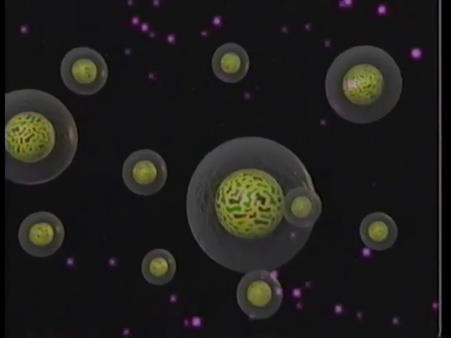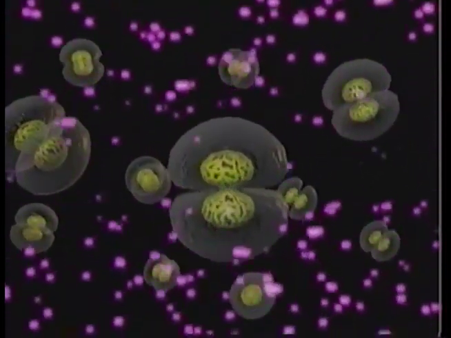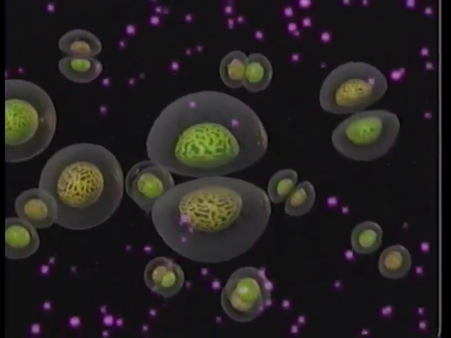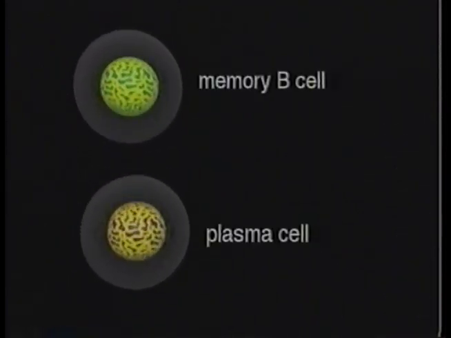They become sensitized by exposure to a specific antigen, but in most cases they must be activated by helper T cells before they will differentiate into plasma cells. When exposed to the chemicals released by activated helper T cells, a sensitized B cell divides, producing daughter cells that differentiate into memory B cells and plasma cells.